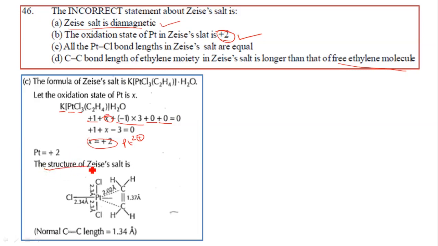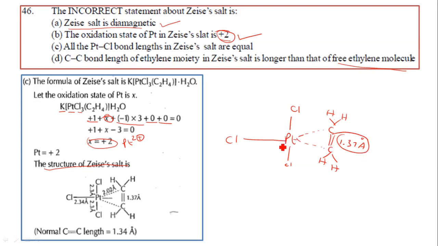From the structure of Zeiss salt, you see the ethylene molecule, with a bond length of 1.37. The third option says all the Pt-Cl bond lengths in Zeiss salt are equal.